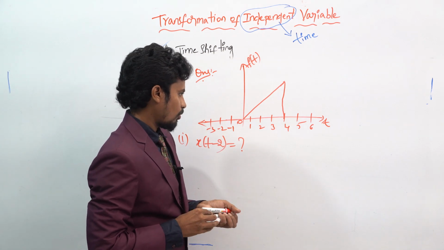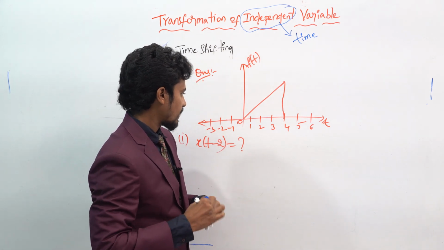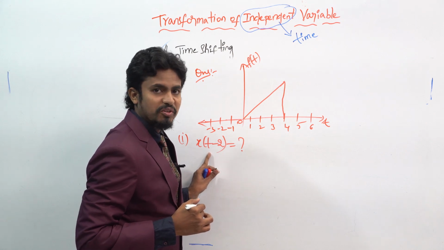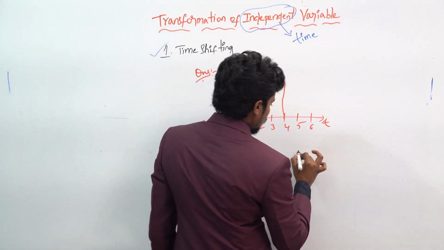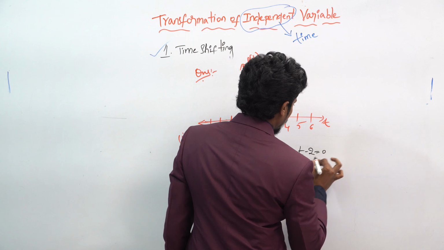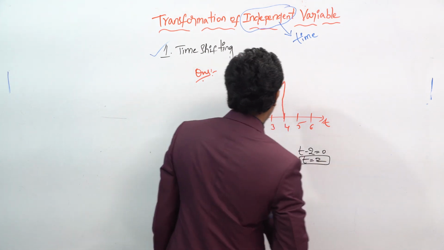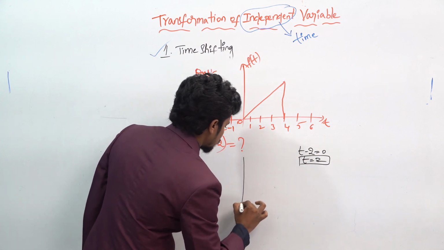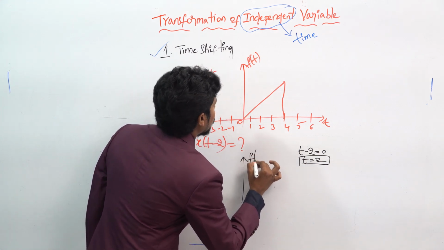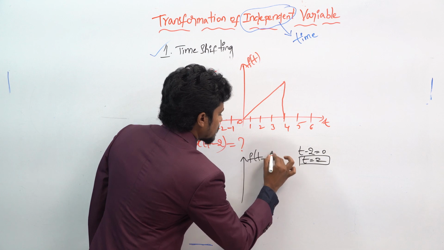First step, what do you have to do? Take the bracket value equal to 0. That means t minus 2 equals 0. T is equal to how much? T is equal to 2. Here this will become f of t minus 2.